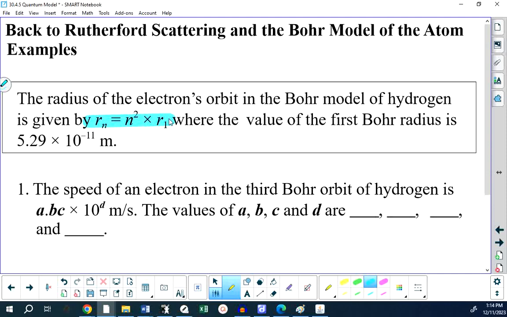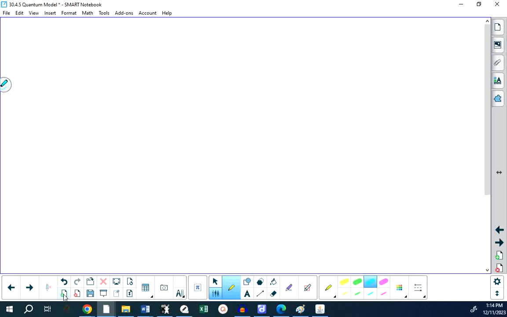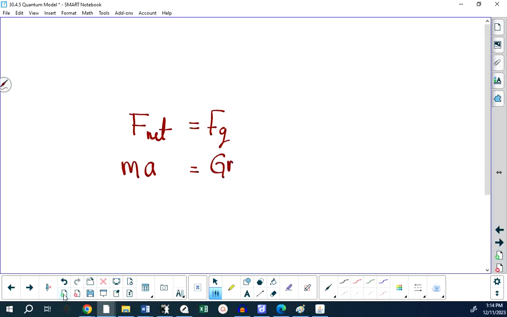What would you do if I gave you the radius of a satellite around Earth and said, how fast is the satellite moving? Well, you would say that the net force is a gravitational force, which means ma is G m m over r squared.